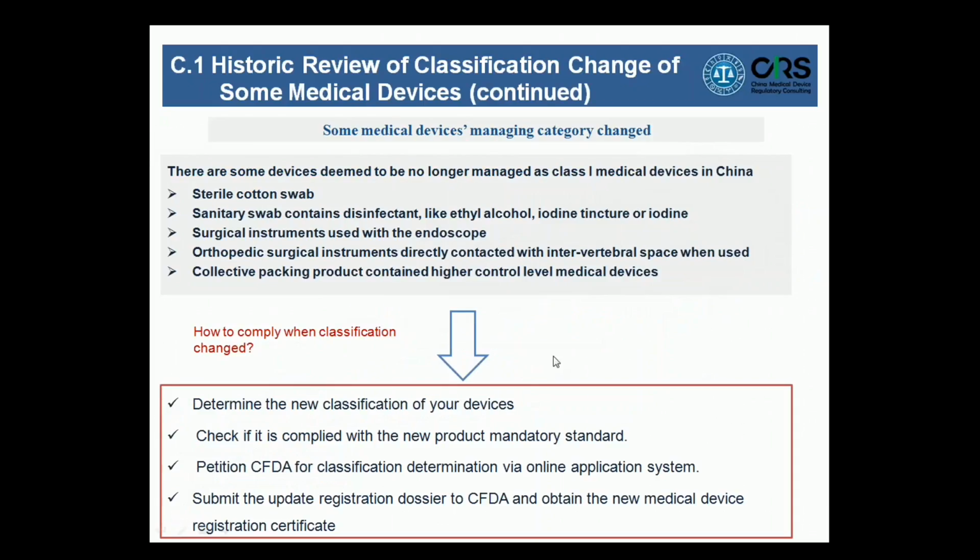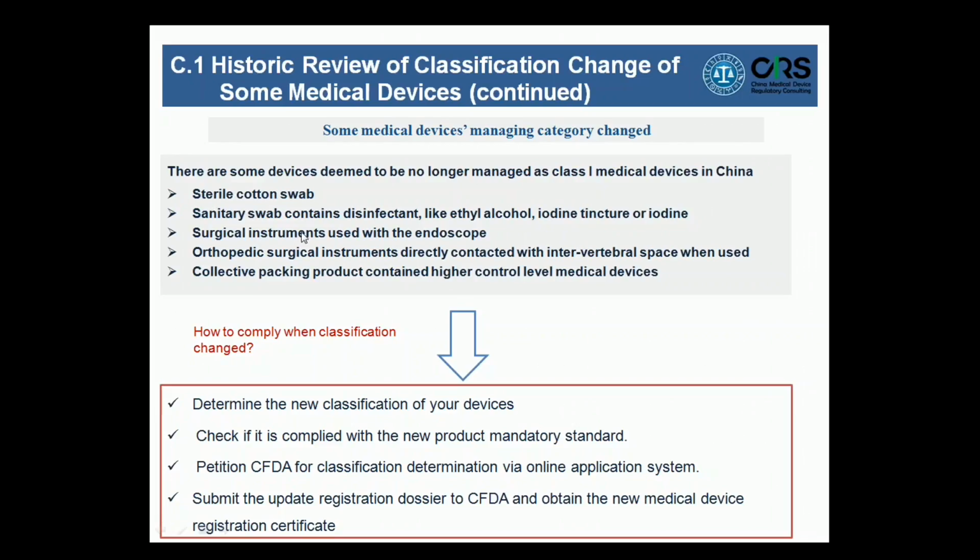CFDA modified the classification of class 1 medical devices and issued the catalog of class 1 medical devices on May 13, 2014. Any device not listed in this catalog will be considered a non-class 1 medical device. There are some devices deemed no longer managed as class 1 medical devices in China. They are the sterile cotton swab, because it is a sterile material.